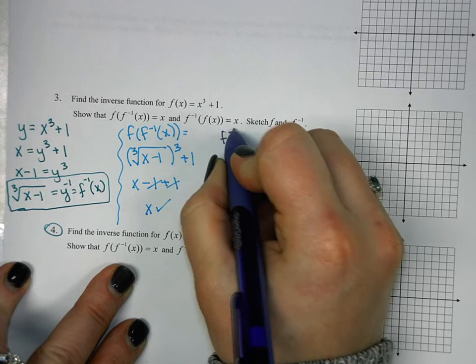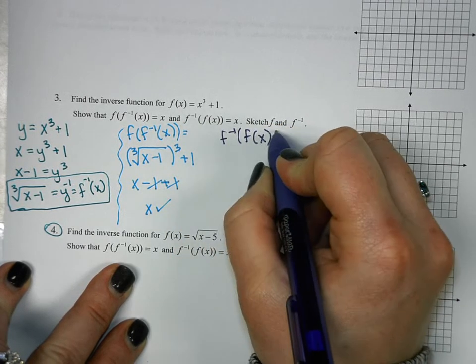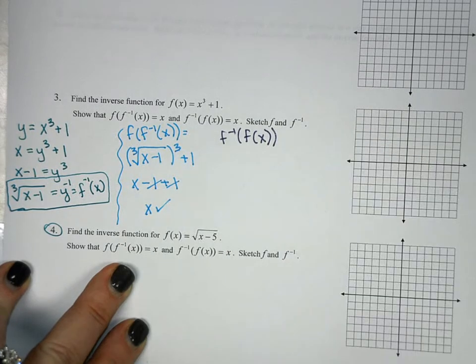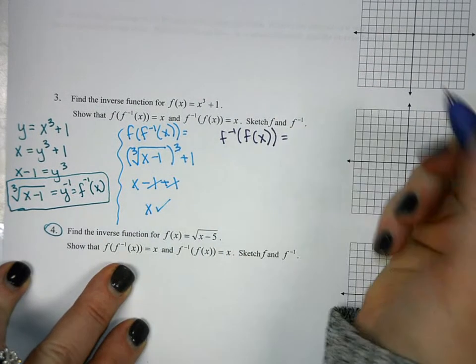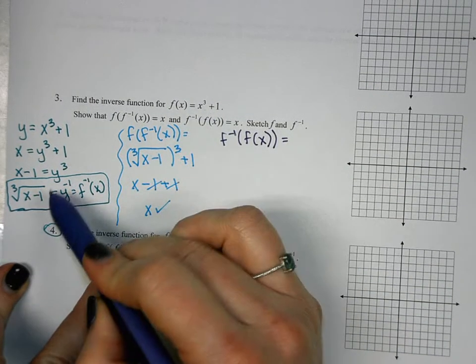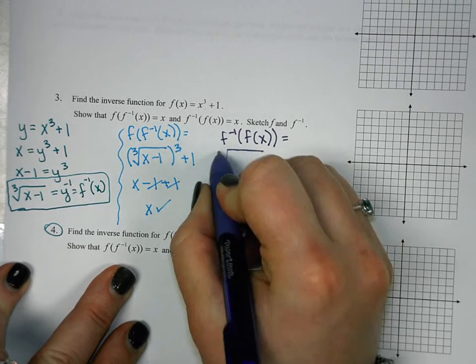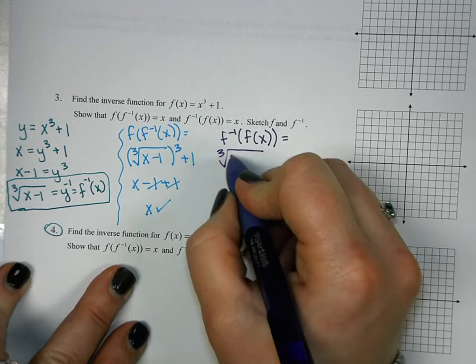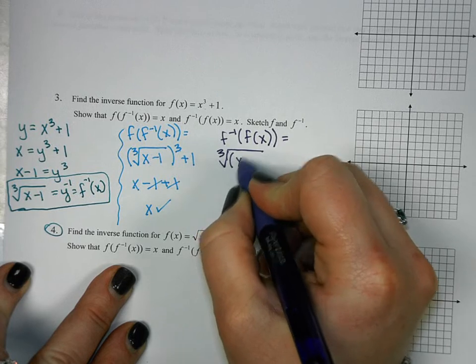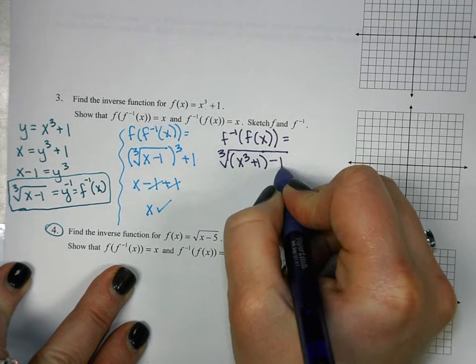Then we have to check the other direction, the inverse f of x, and compose those two. So here I'm going to be using this function and plugging f into f inverse. So the cubed root, now instead of x, I'm going to write x to the third plus 1 minus 1.